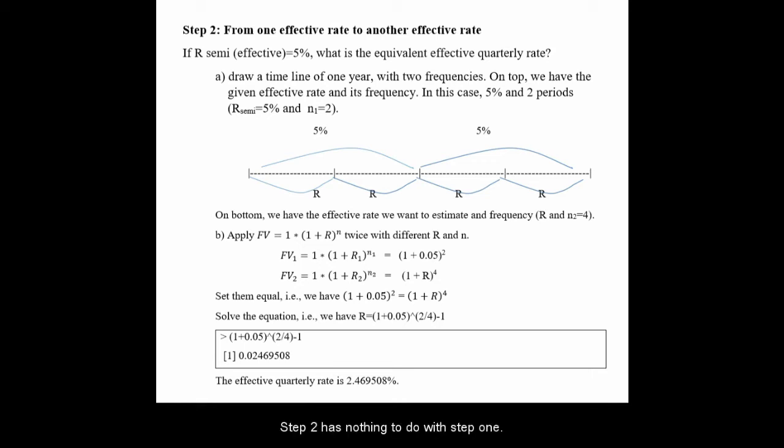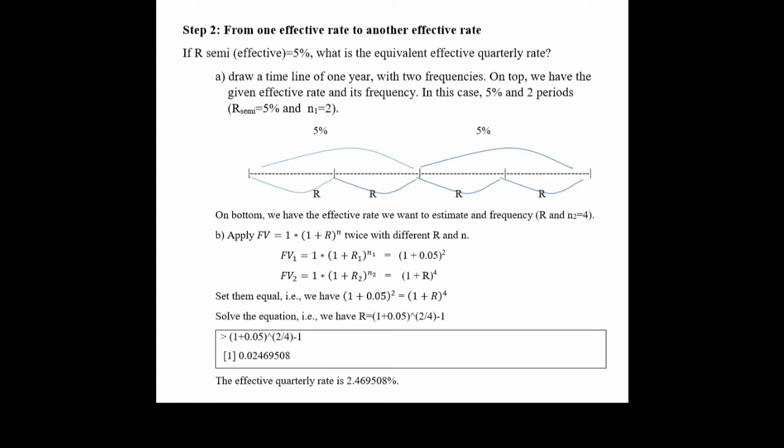Step 2 has nothing to do with step 1. We just start from one effective rate. For example, the effective semi-annual rate is 5%. What is the equivalent effective quarterly rate? We use the quarterly rate as an example, but we can also calculate the effective monthly rate or effective daily rate. Draw a timeline of 1 year with 2 periods.